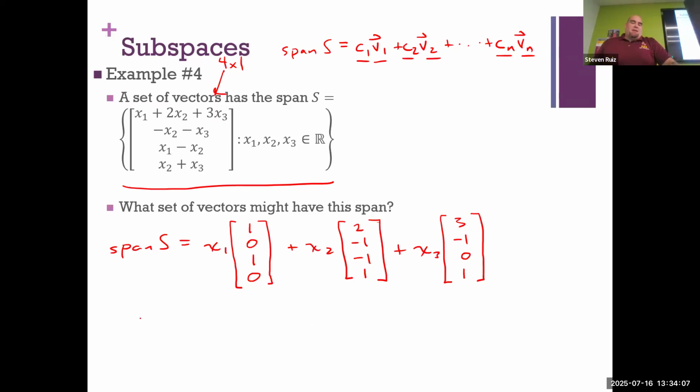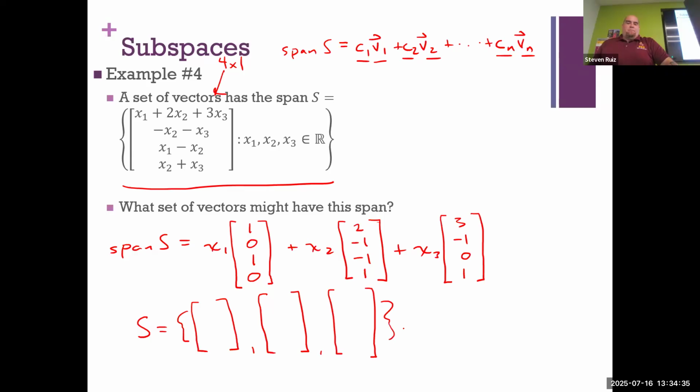Then what's the set of vectors that I am combining together? What do they look like? And how many are there? It's those 3 vectors.